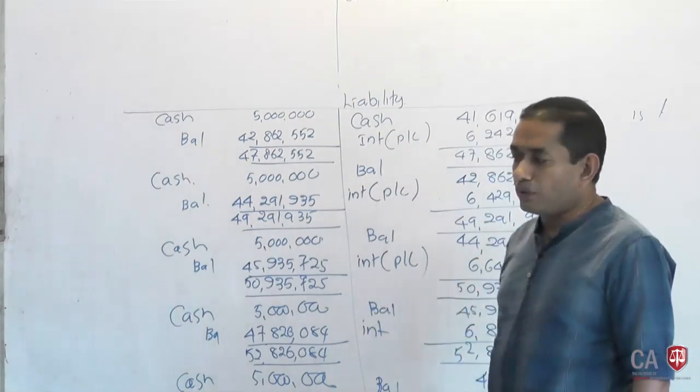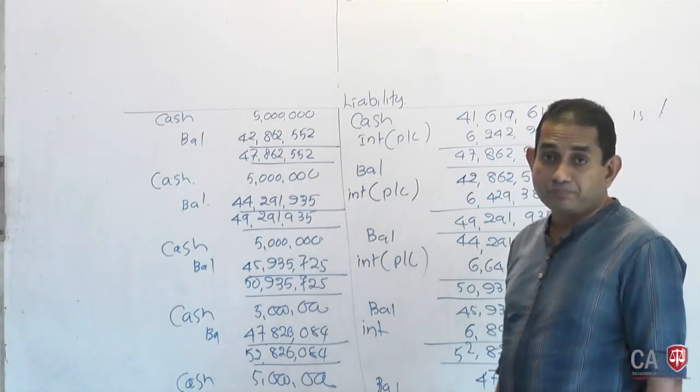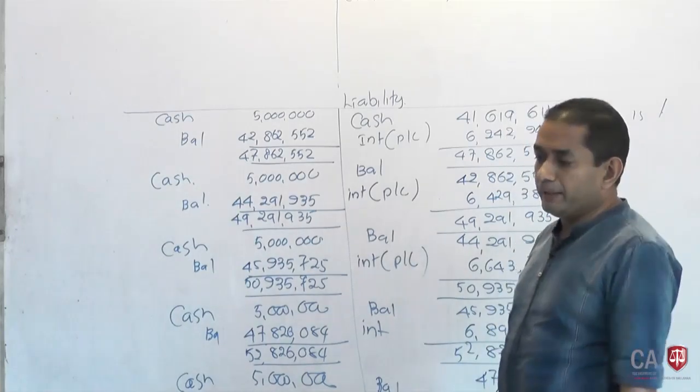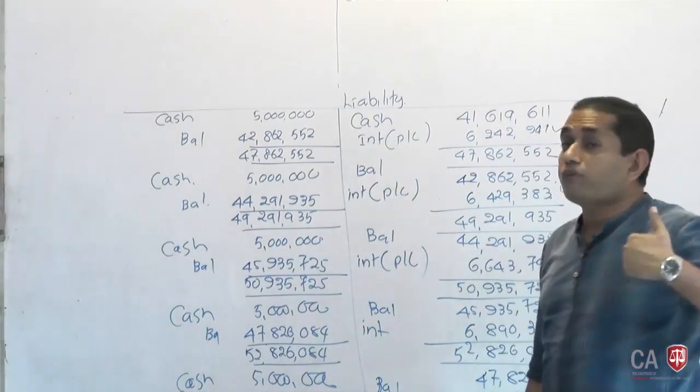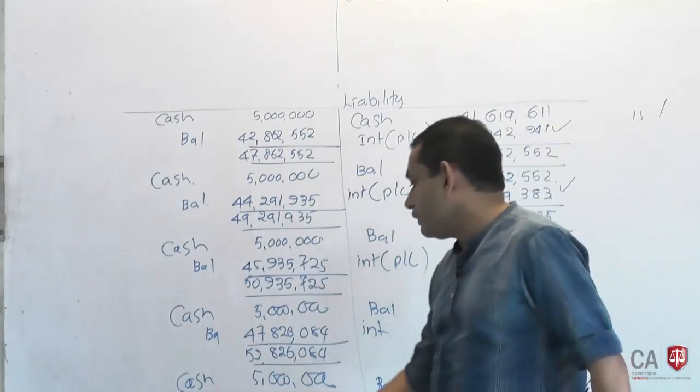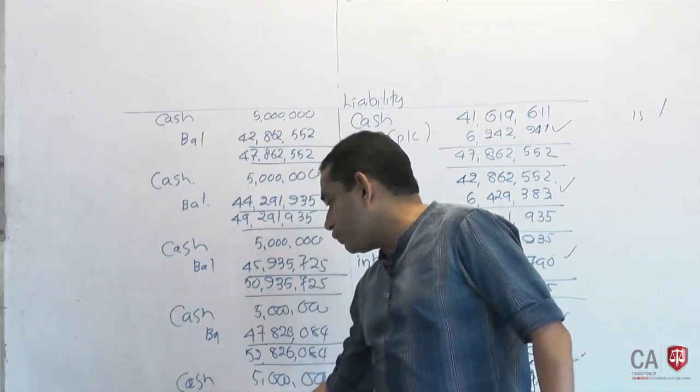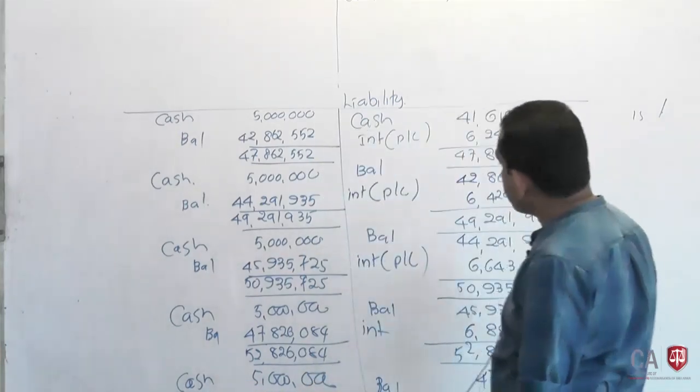Now 5 years gone, we have to repay. So, we will speak to the lender. He can decide how he wants us to pay. If he wants us to pay in cash, credit cash and debit liability by 50 million.